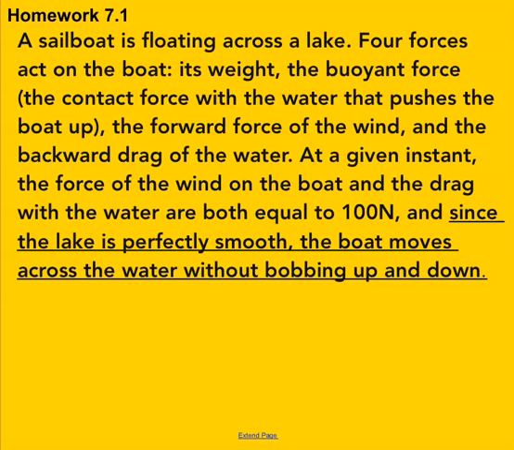When the boat goes through the water, there's some friction there. That's the backward drag of the water. At this instant, they're equal. And since the lake is perfectly smooth, the boat moves across the water without bobbing up and down. So there's no up and down motion at all.